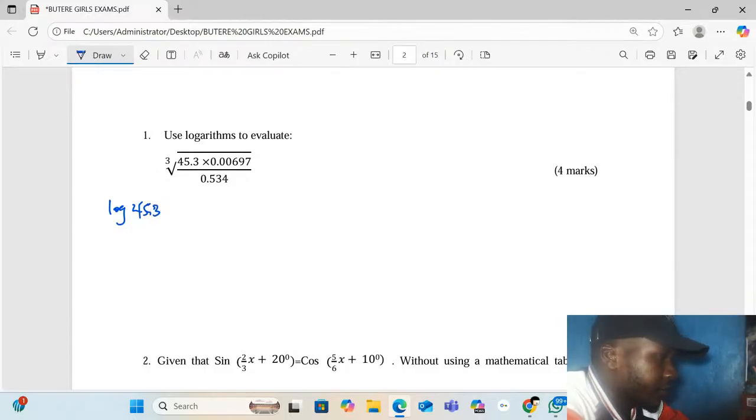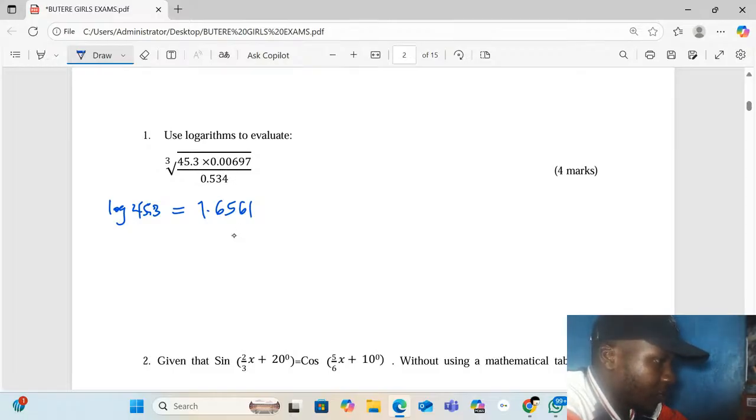From the tables, 45.3 is 4.53 times 10 to the power 1, so we're going to get log 45.3 as 1.6561 from the tables.